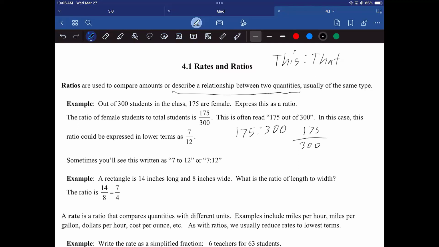Now, if I want to, I can use the fundamental theorem of arithmetic. I can break that 175 down. So 175, there's definitely a 5 in there. That would be what? 4 plus 3, 7 times 5, 35. Pull out a 5.